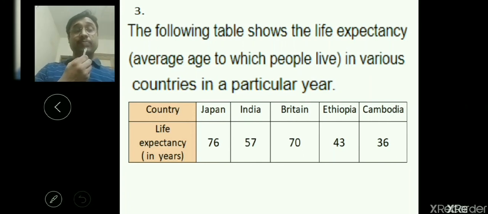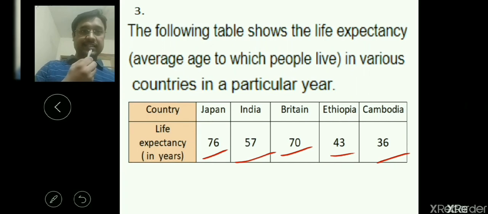Life expectancy is 76 in Japan, 57 in India, 70 in Britain, 43 in Ethiopia and 36 in Cambodia. This is the average age to which people live in these countries.